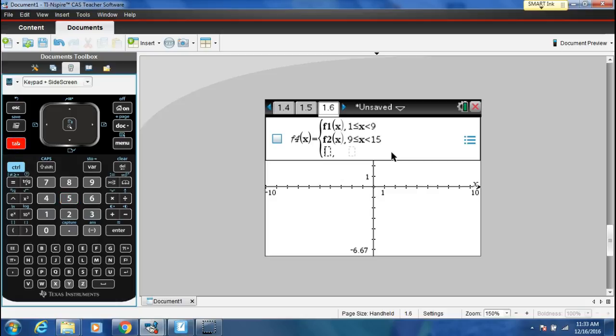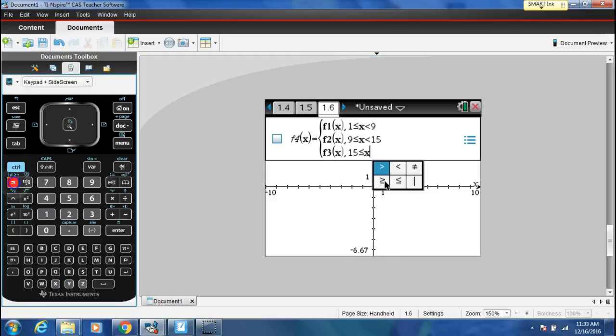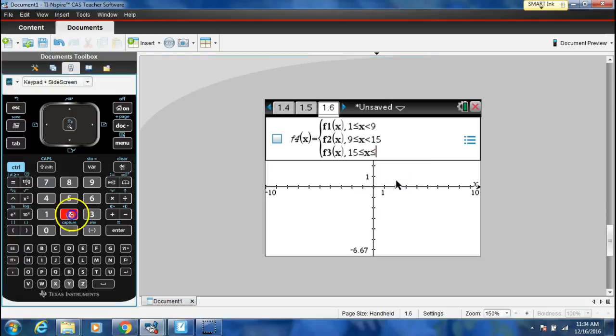Tab over to the next one. This one now is f3 of x. And this one is from 15 less than or equal to x is less than or equal to 20.